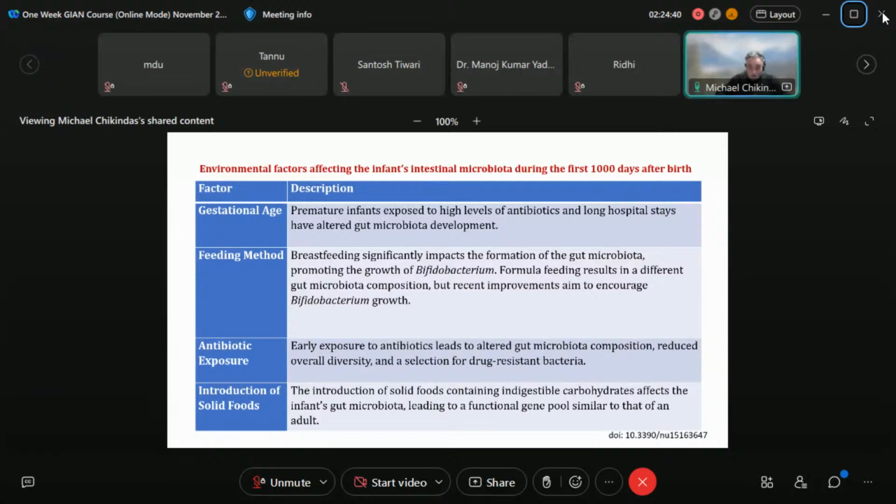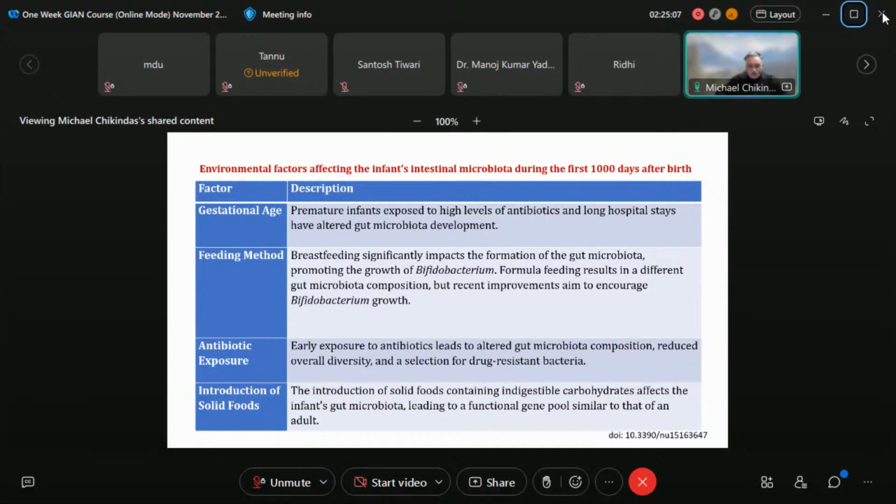Feeding method is also very important. We do know that breastfeeding is very good for the development of bifidobacteria, and infants who are placed on artificial dietary supplements from the first days of their life have difficulties developing bifidobacteria.